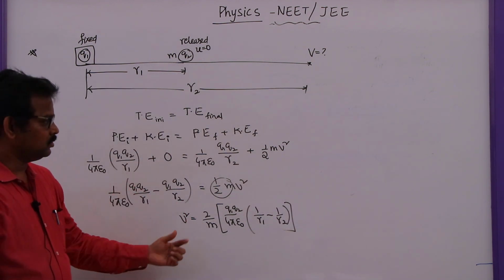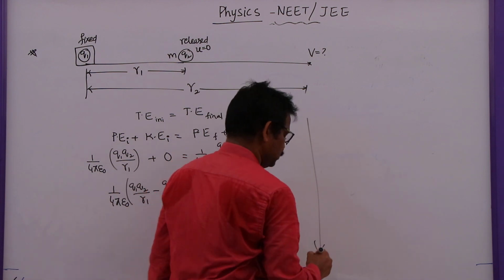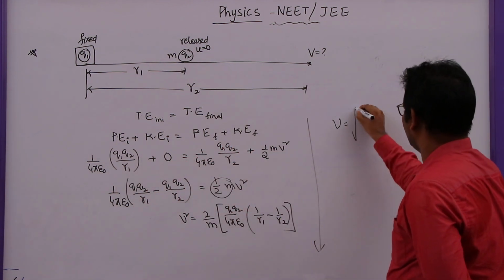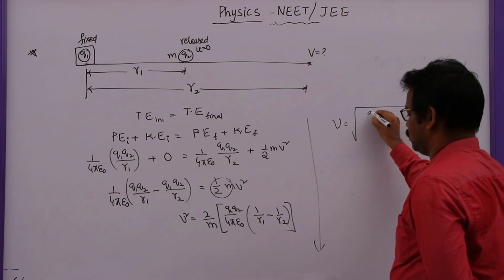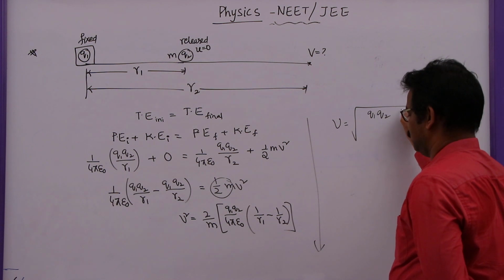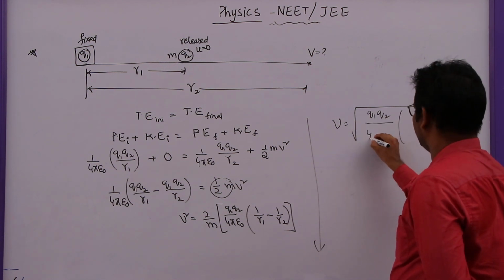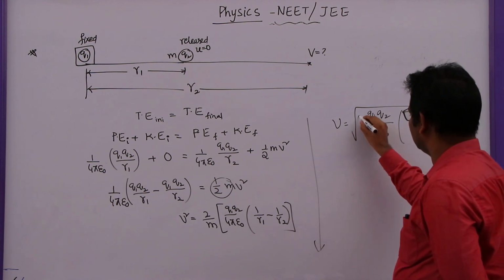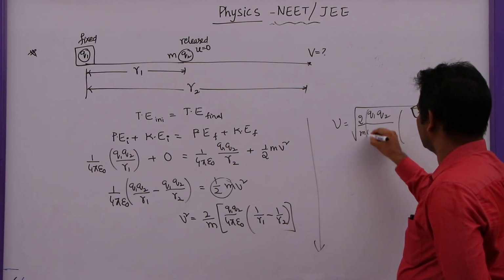So we are interested to find out this velocity. So from this, the velocity can be given as root over q1 q2 by 4 pi epsilon naught, and you can write 2 by m here.